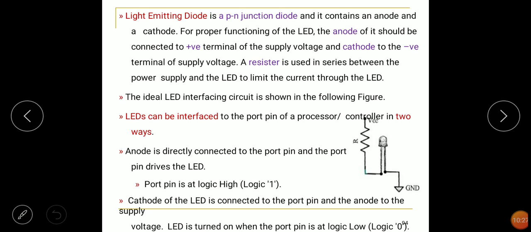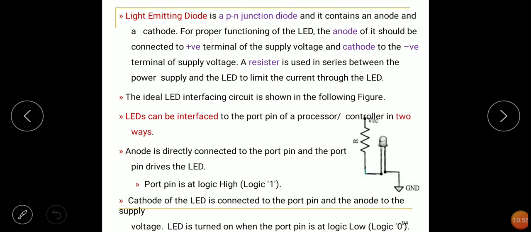For the LED to turn on, the anode must be connected to the positive of the power supply, and the cathode to the negative. Then only it will power on and the light will turn on. You have studied these things in the AAC, right? We can refresh and recall what you have already studied.